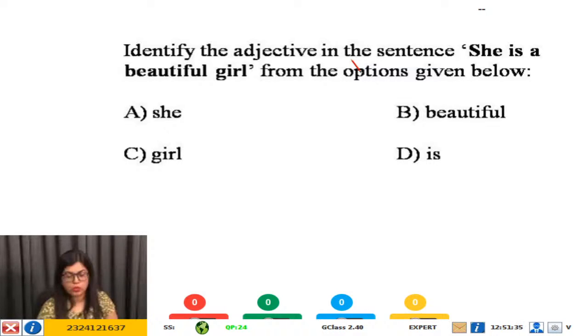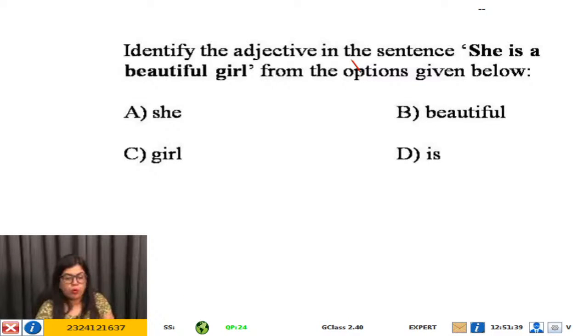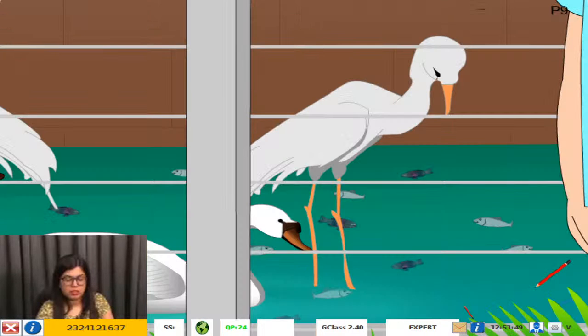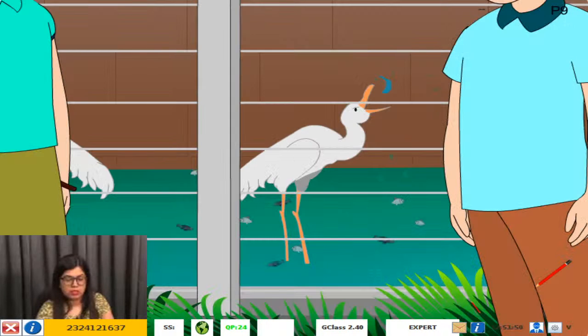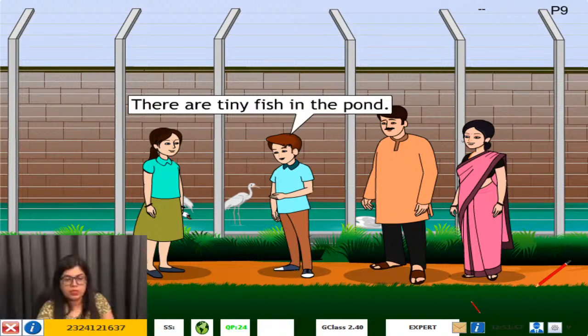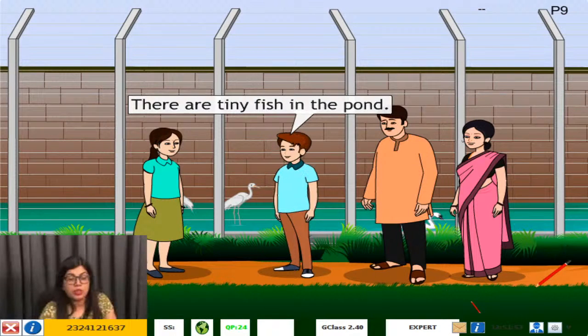Okay, so now let us move on to the next part. So there is a small pond here. Okay, so the girl is saying that. Okay. So what can you all see here? Yes, the crane is what? Catching fish. They're catching fish. There are tiny fish in the pond.